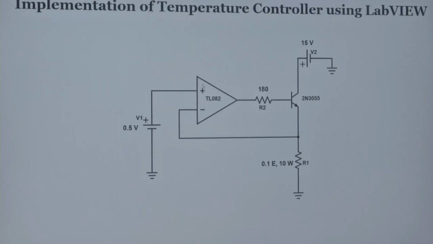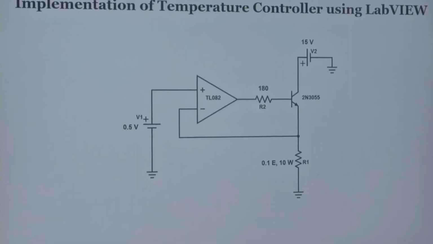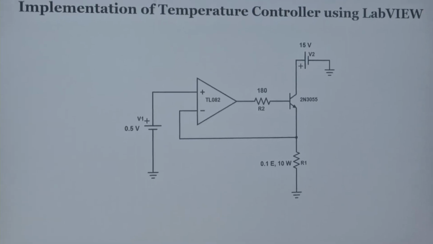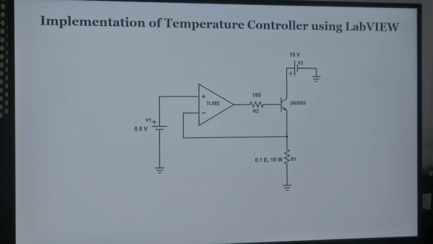So, let me briefly explain the working of the plant unit. We will be using an operational amplifier, and I will make you understand its purpose too, and we will be using a Darlington pair transistor. The purpose of using the Darlington pair is that since we will be heating a plant, the temperature entirely depends upon the power that we supply.